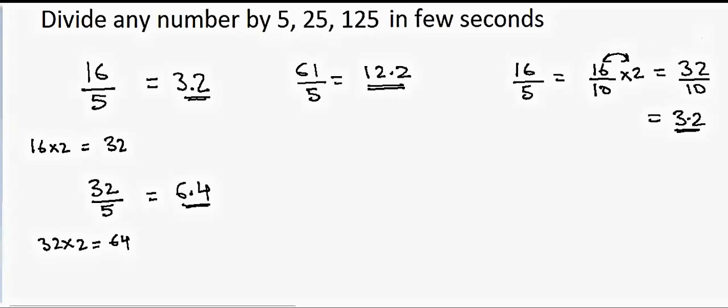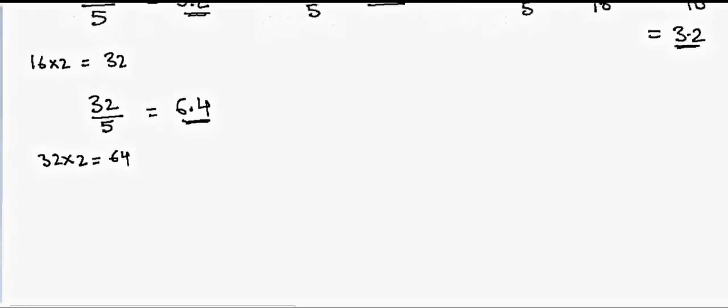The same trick can also be used to divide by 25. Suppose I have 16 and I want to divide by 25. In this case, instead of multiplying by 2, I will multiply by 4. So 16 into 4 is equal to 64. My answer will be 64, and now I'll put a decimal after 2 digits from the right.